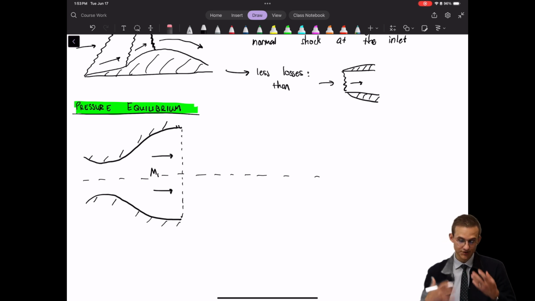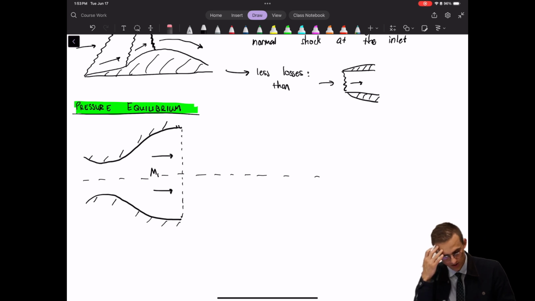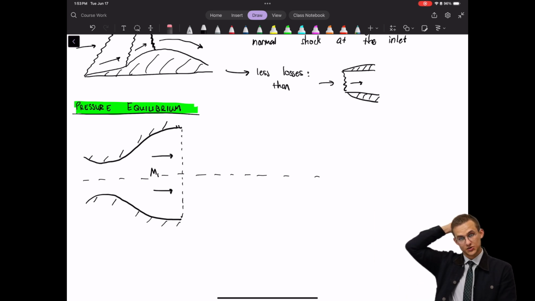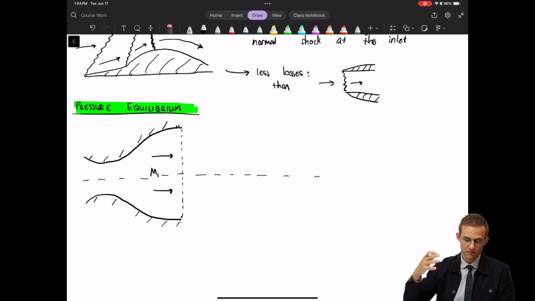We talked about in lecture 6, so a couple of lectures ago, that at the second critical we get a normal shock at the exit, right? And the reason why that normal shock was occurring was so that the receiver back pressure or receiver atmospheric pressure would be the same as the pressure after the exit of the nozzle.